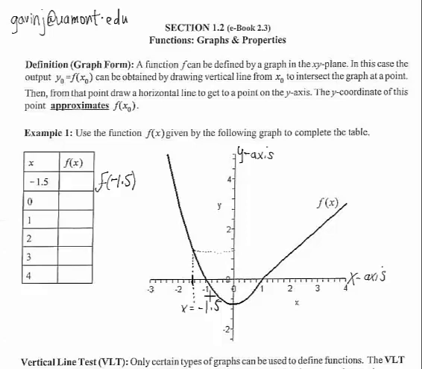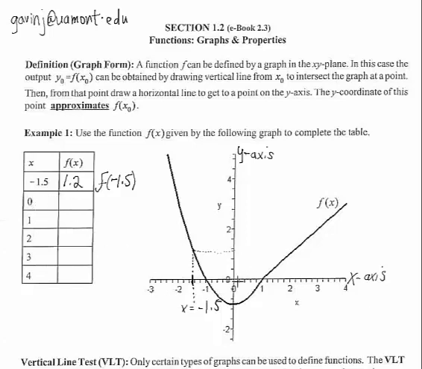So with a value of negative 1.5 for x, I read a value of 3 times 0.4, 1.2 for y. Okay, and this is the procedure that we follow with the rest of these x values.